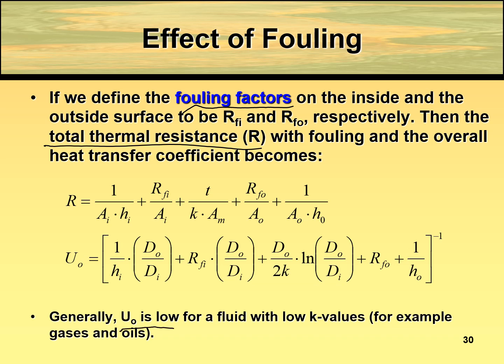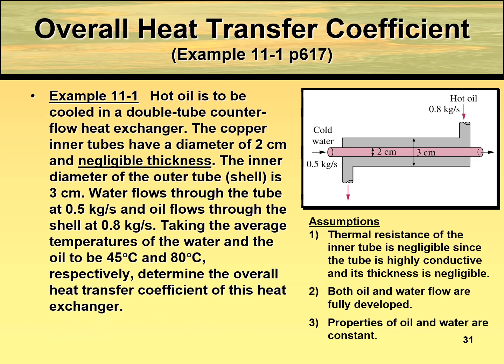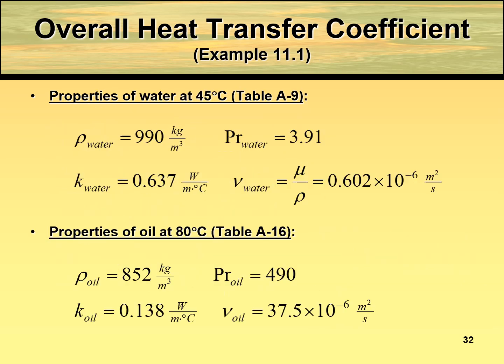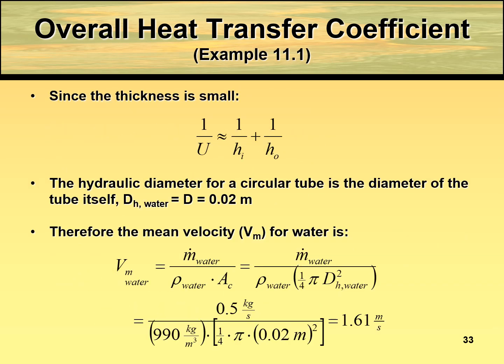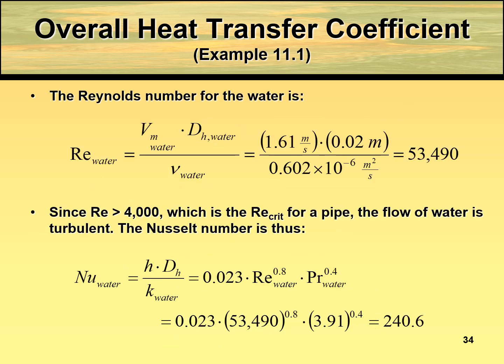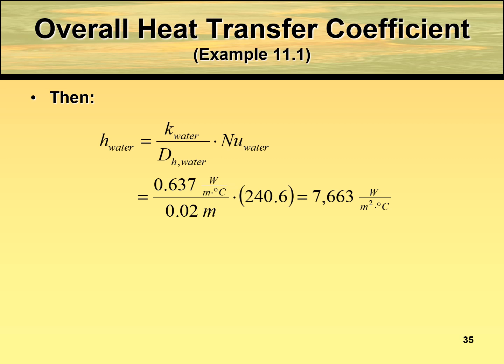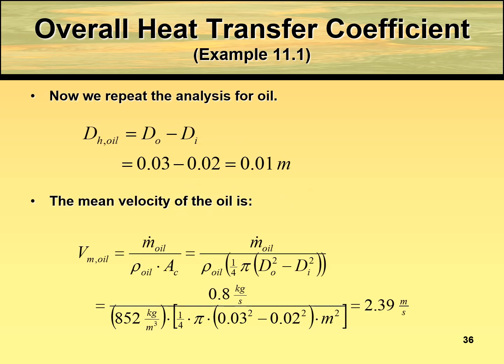Okay, so in general, U is low for fluids with low K values, for example gases. This example, you can go through by yourself, the calculation for the overall heat transfer coefficient. So 1 over U, where the thickness is approaching 0, is the 1 over overall heat transfer coefficient.